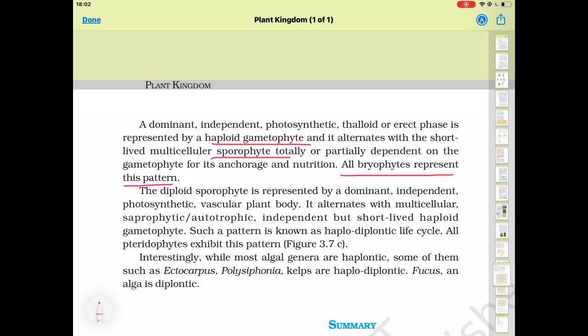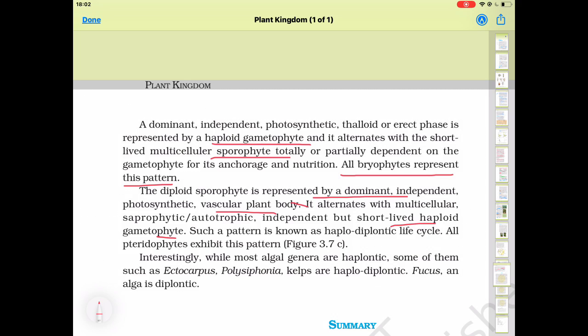A diploid sporophyte is represented by a dominant, independent, photosynthetic vascular plant body. These are the features of the pteridophyte. It alternates with multicellular, saprophytic, autotrophic, independent but short-lived haploid gametophyte. In this, the gametophytic phase is short-lived.